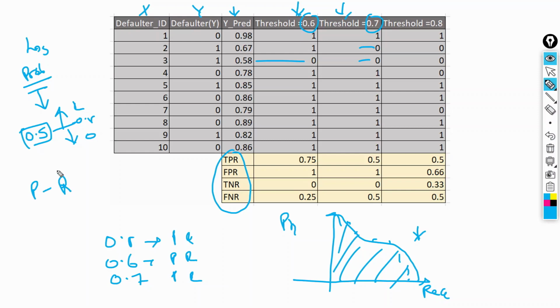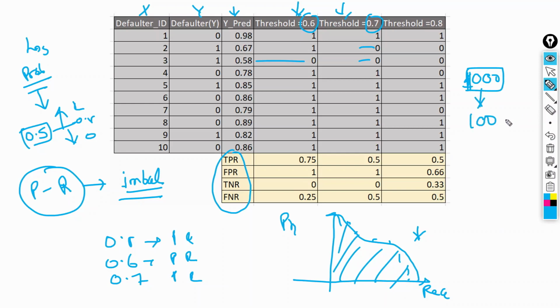We use the precision and recall curve to check classification model performance, basically for imbalanced classes. Imbalanced class means, let's say my data set has 1000 records, and out of 1000 I have only 100 positive classes and 900 negative classes.